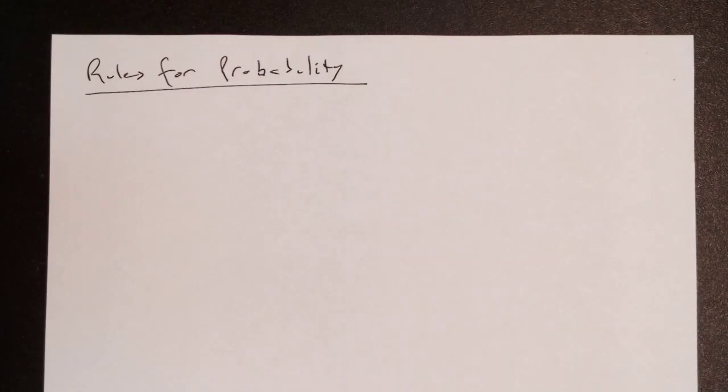Our definition of a theoretical probability was to count out the number of ways what we wanted could happen and divide by the total number of ways something could happen.